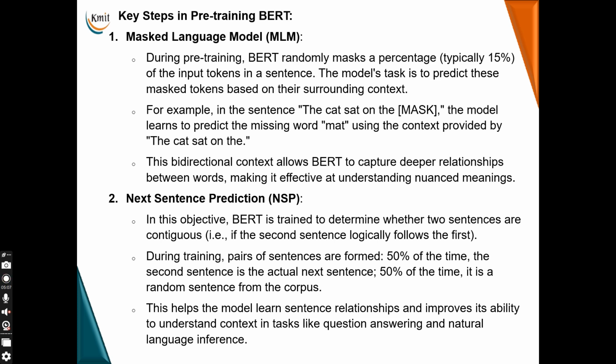The other 50% of the time we give a random sentence from the data corpus. This helps the model learn the relationships existing between various sentences and understand the context, and it can perform tasks like question answering, natural language inference, etc.